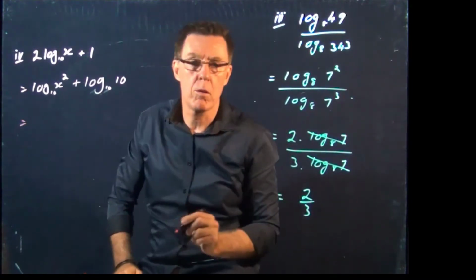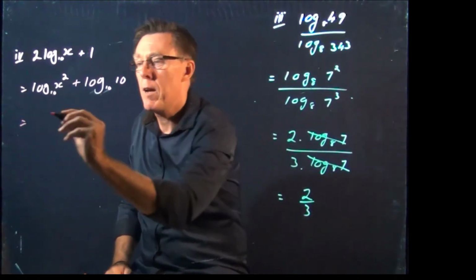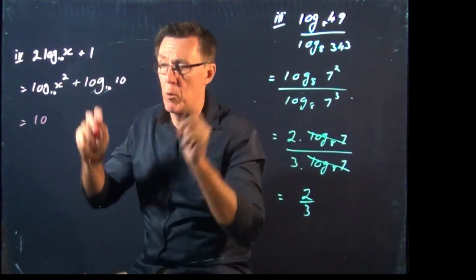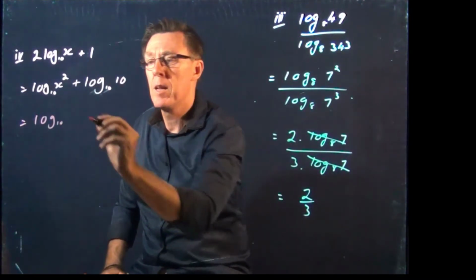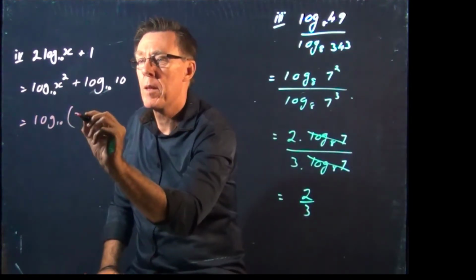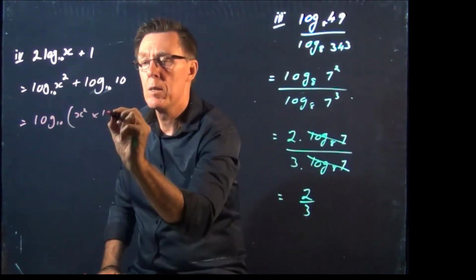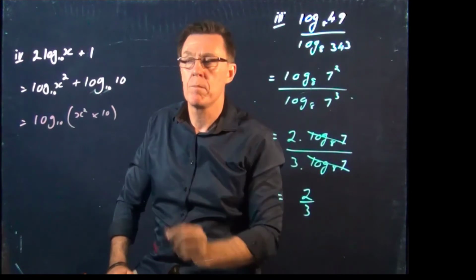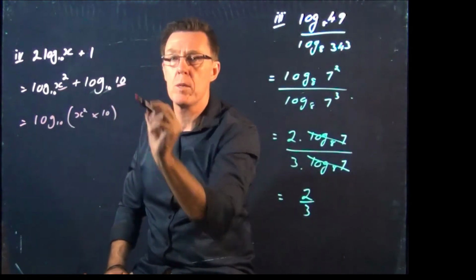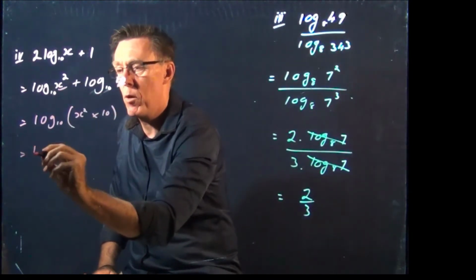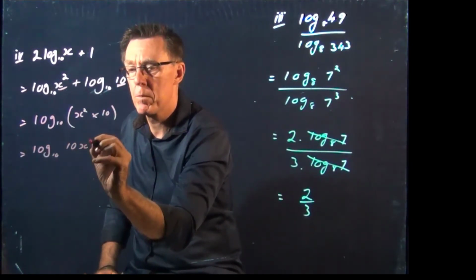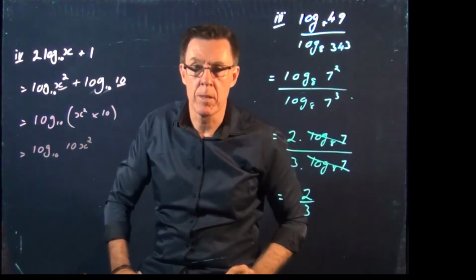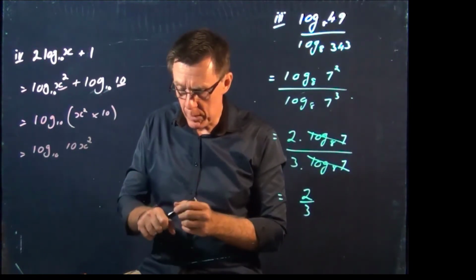I can apply log law number 1 in reverse. I can, for want of a better word, factorise the log base 10 out the front, leaving inside the x squared times that 10. So there's my final answer: log base 10 of 10x squared. So there are the 4 types of questions you're going to come across.